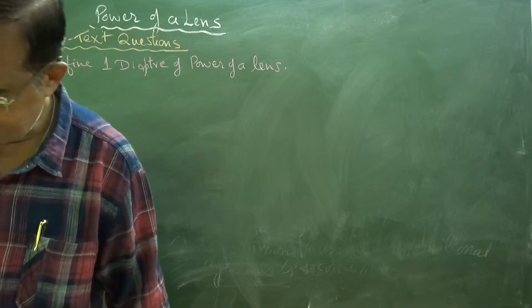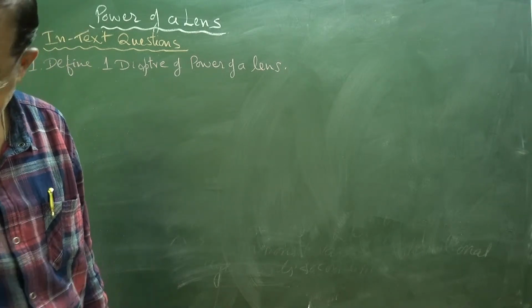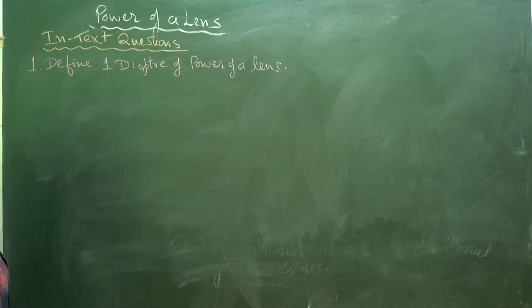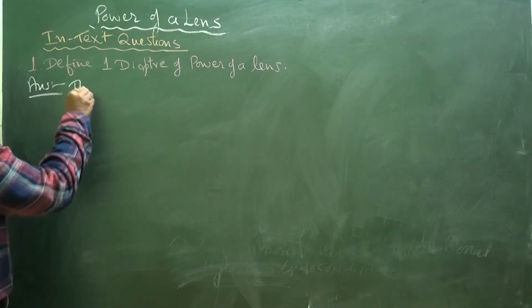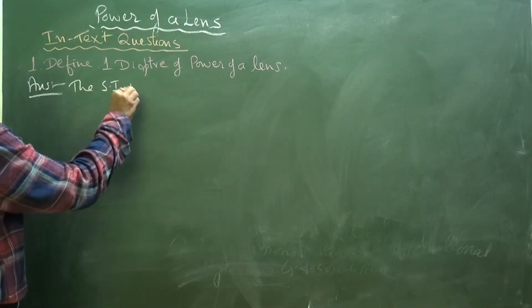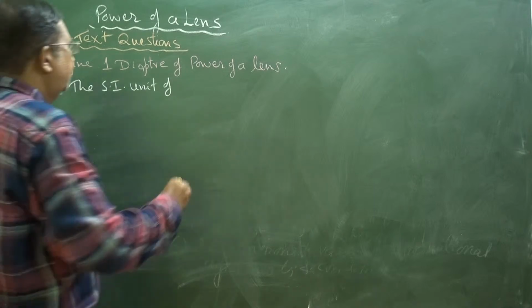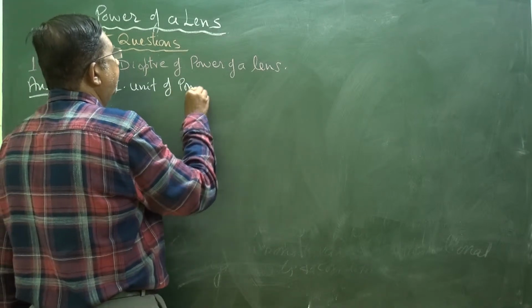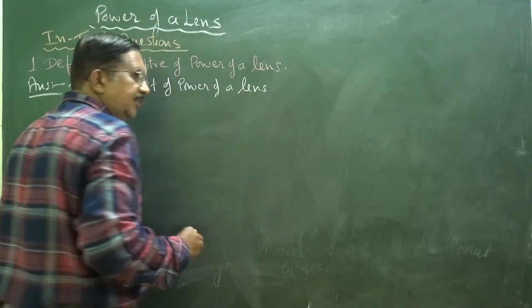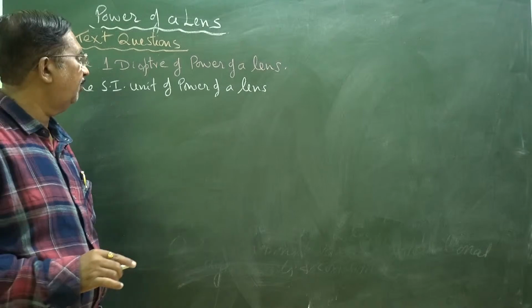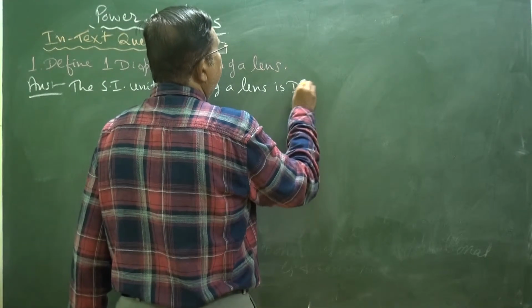So how will you define it? The SI unit of power of a lens is diopter.